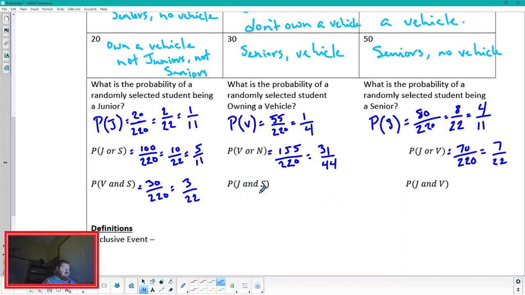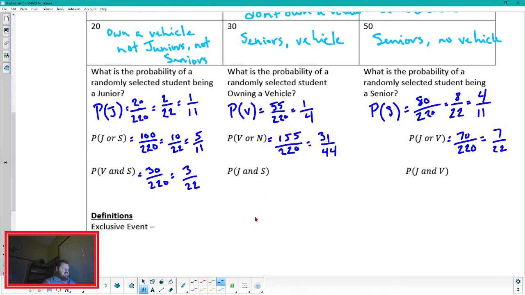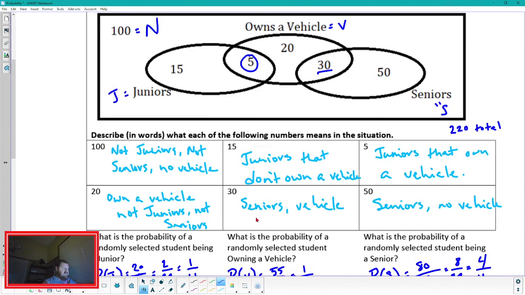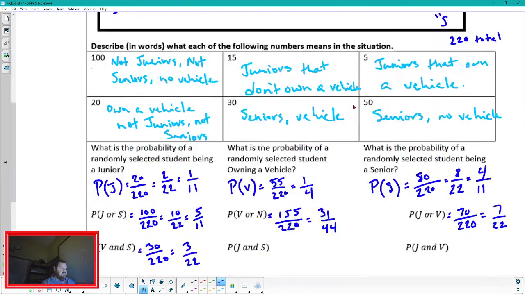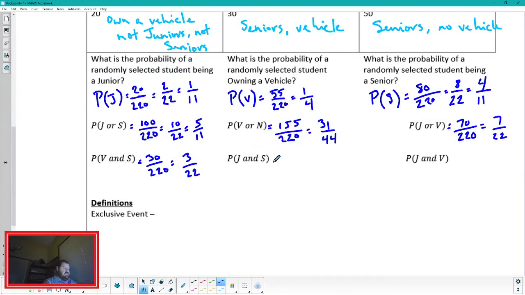Probability of juniors and seniors. Again, if we look for their intersection, their overlap, juniors and seniors don't overlap. Kind of makes sense because it's pretty hard to be a junior and a senior at the same time. So the probability of being a junior and a senior is 0.